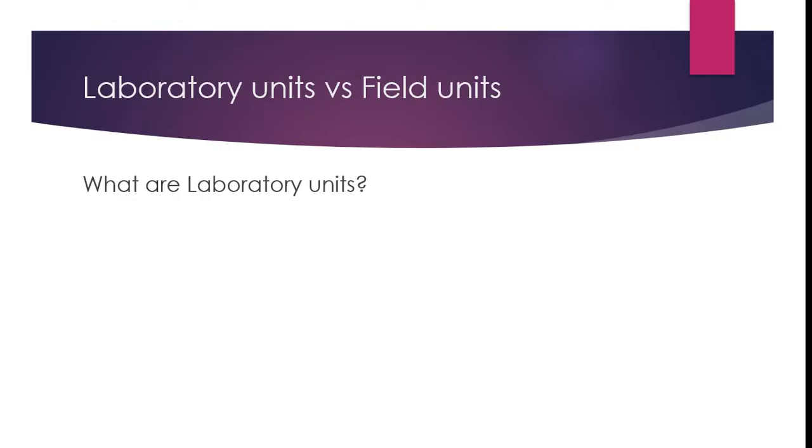If you take, for instance, micrograms per grams, it's a laboratory unit because the substances are measured in the laboratory. The same applies for ppm and the others. Some examples include percentages, milligrams per kilograms, micrograms per grams, and ppm, parts per million.